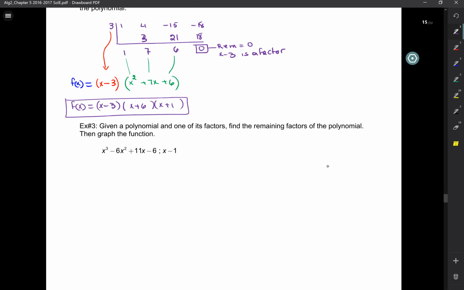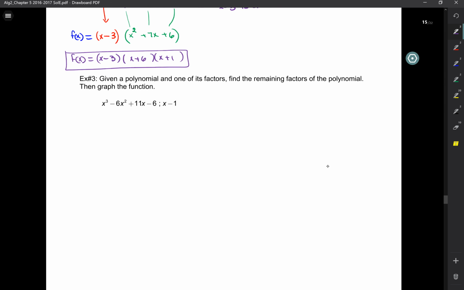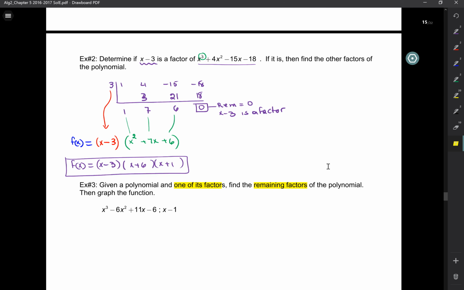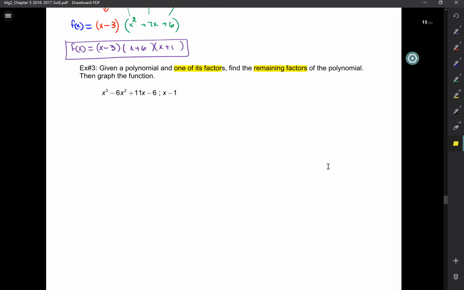Okay, next. Given a polynomial and one of its factors, find the remaining factors of the polynomial, and then we're going to have to graph this one. All right, so here we go.